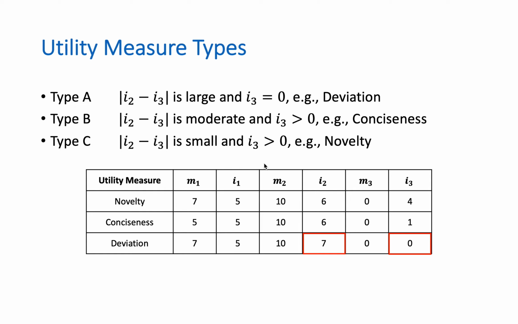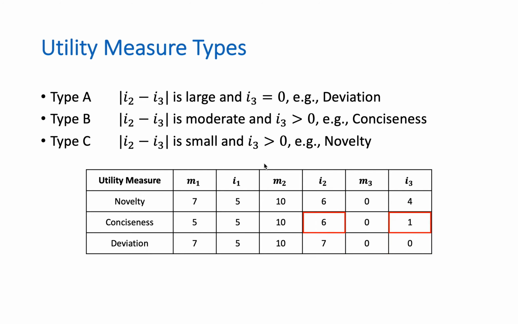It will also bring the interestingness to 0 if it drops to 0, so that I3 should be 0. We can see that deviation satisfies this condition.